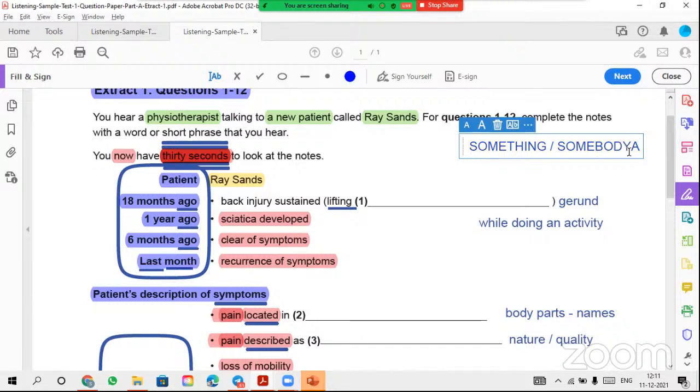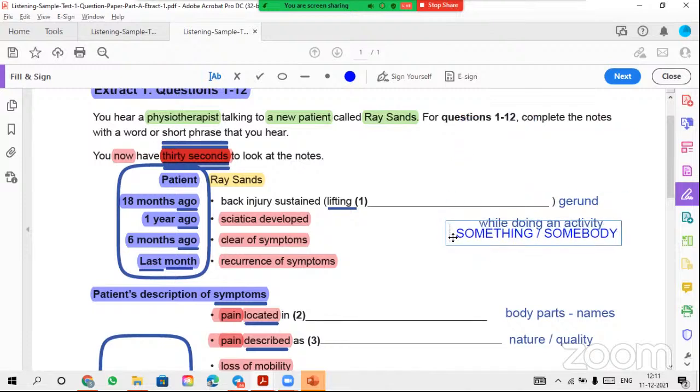Lifting a grandson, lifting a granddaughter, anything it may be. Don't think it will be only a thing. It may be somebody or something. Anything is possible. Nothing can be ruled out.